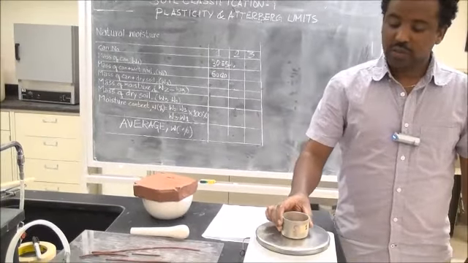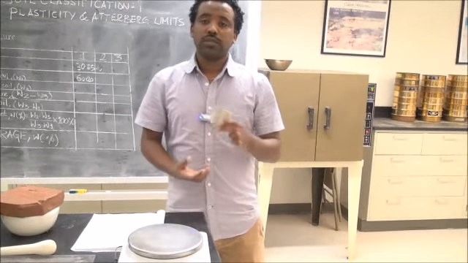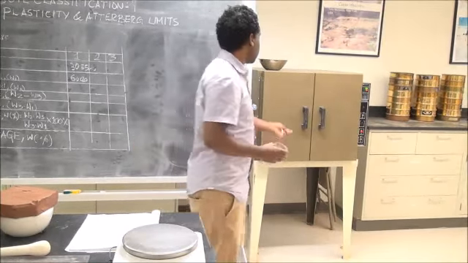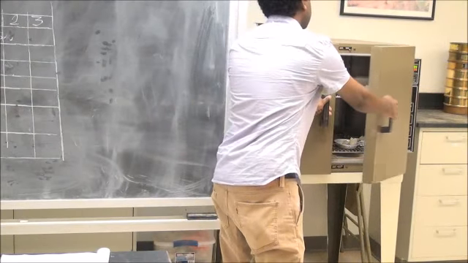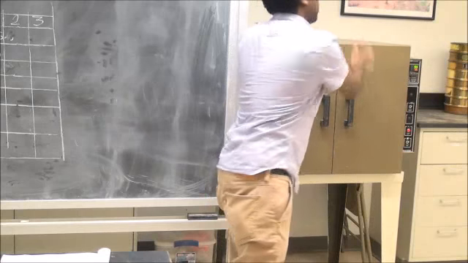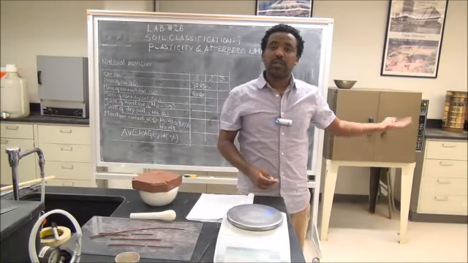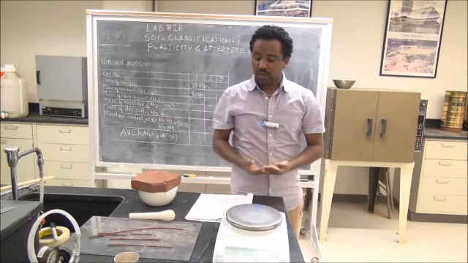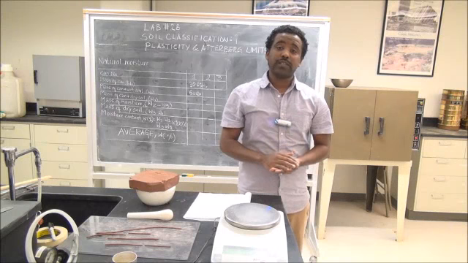After this, we take this one and we put it into the drying oven. Here we have it, and we put it here, and we keep it for 24 hours. After that, we assume that within 24 hours all the water is removed.